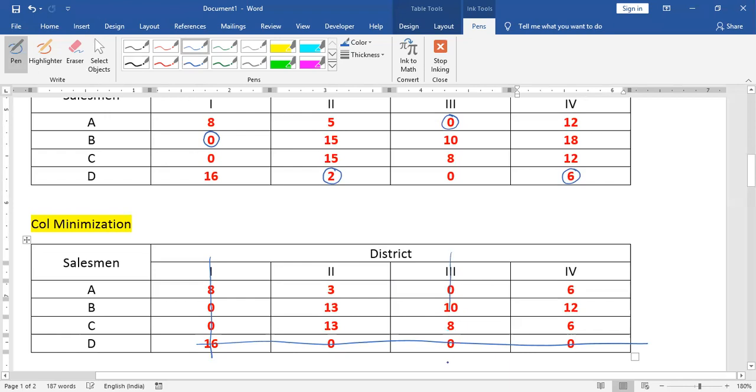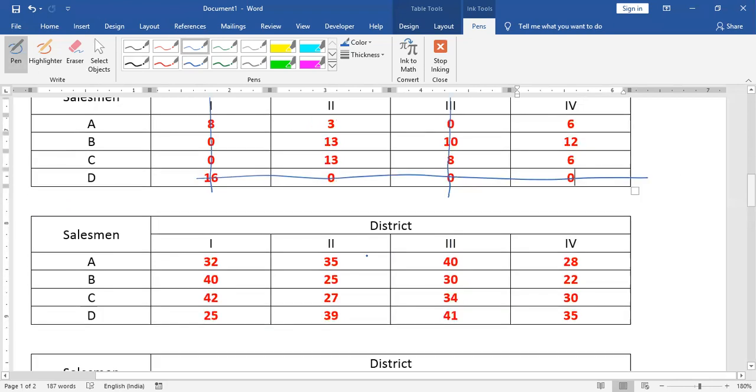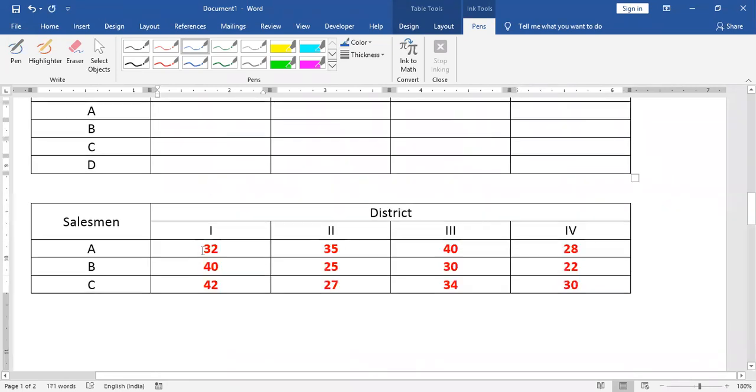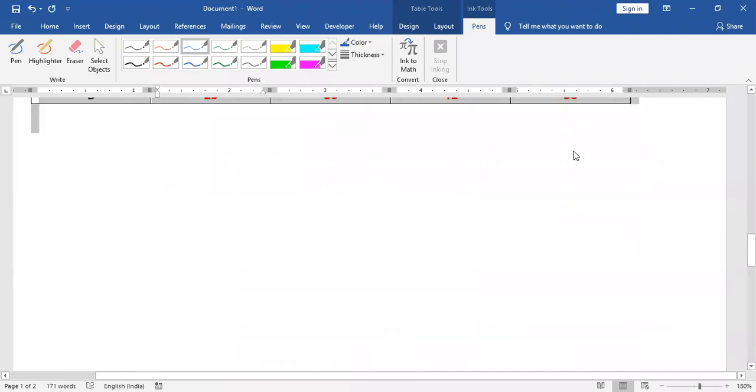So with the help of 3 lines, I cover all zeros. So ultimately, we know very well that the number of lines must be equal to the number of rows and columns.